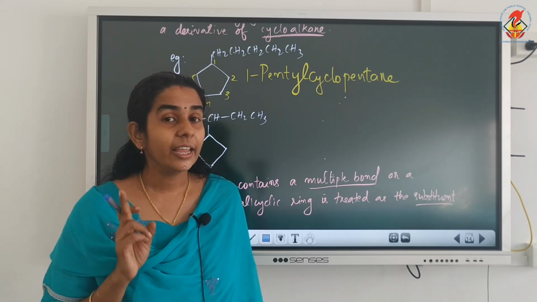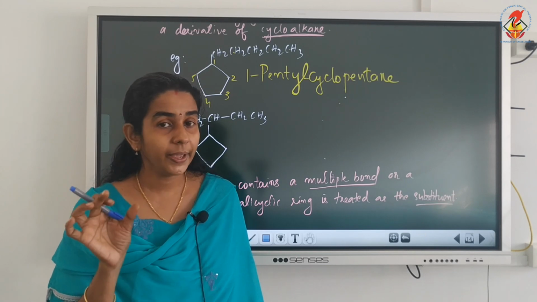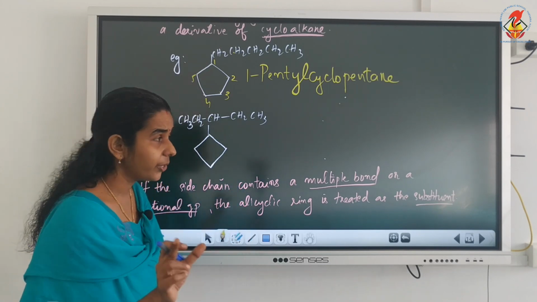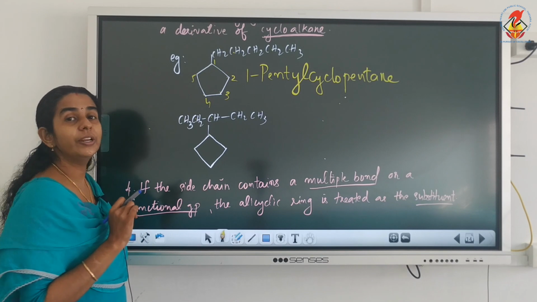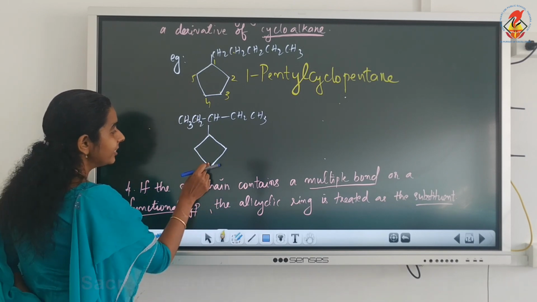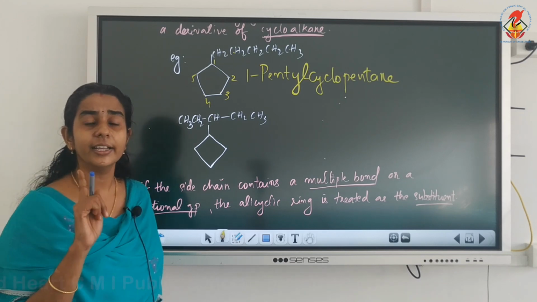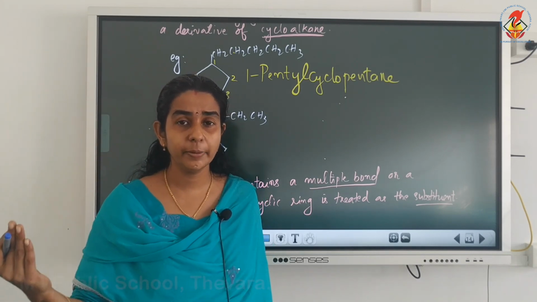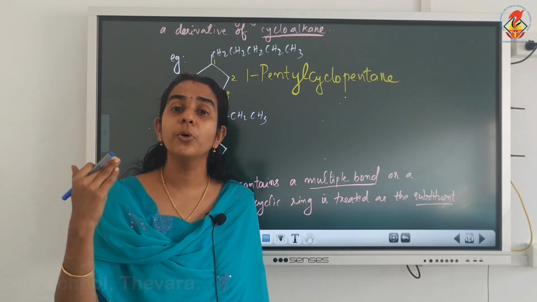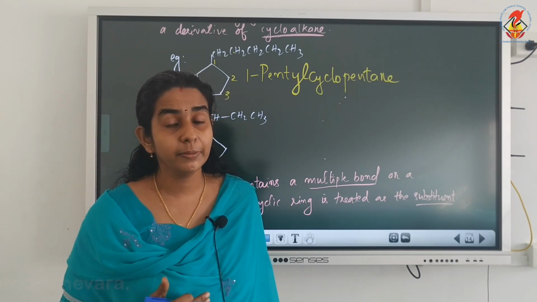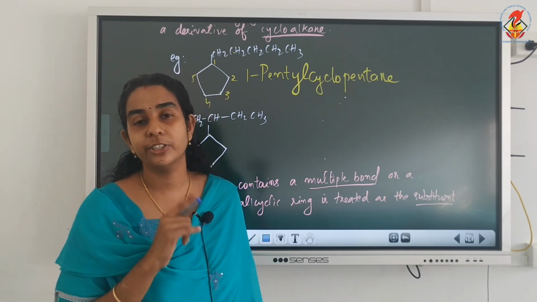Can we consider the ring as the parent here? No. Here the alkyl group will go as the parent and the ring will be treated as a substituent. Only when the cycloalkane ring has more or equal number of carbon atoms than the side chain is it considered the parent.